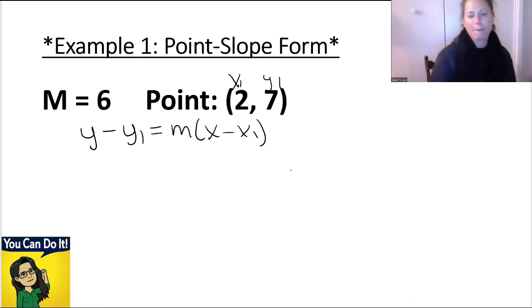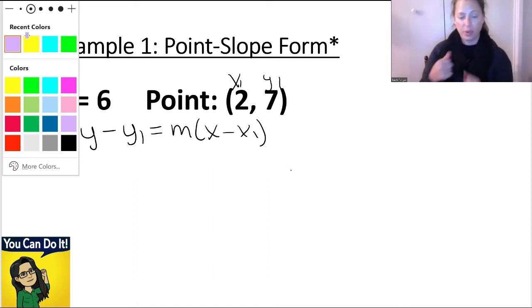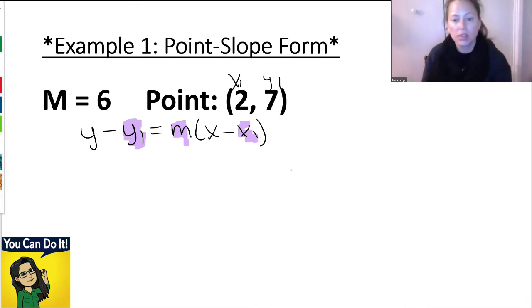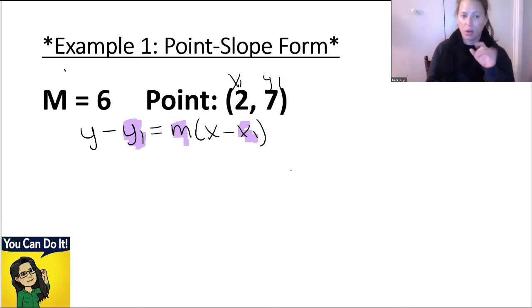Okay, so remember there's 3 numbers that I'm going to be plugging in. The x and y that are right here, they stay y and x. Okay, the only things that you're changing is what I highlighted in purple. So let me go ahead and do that.